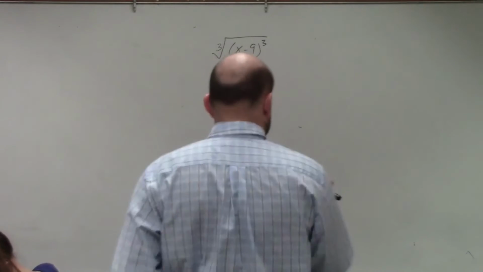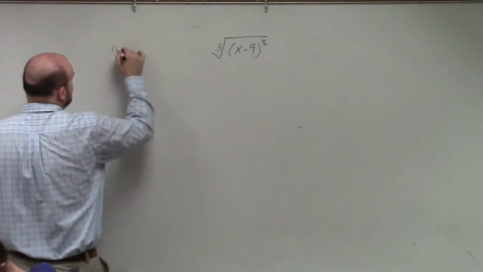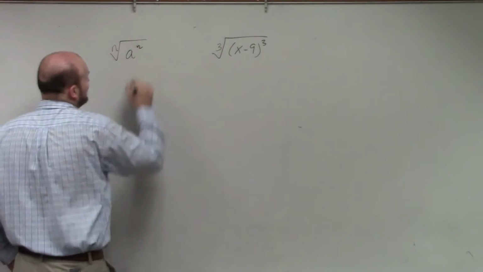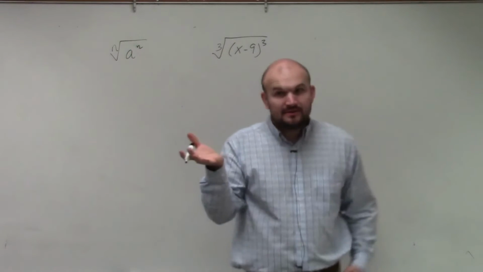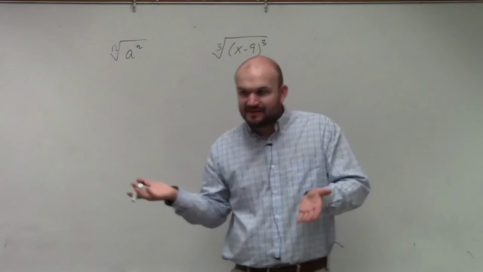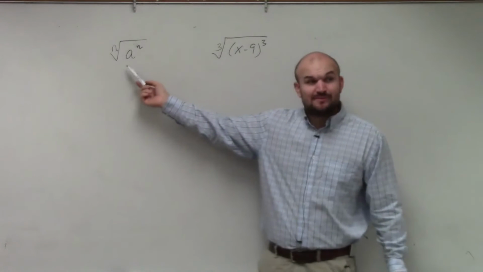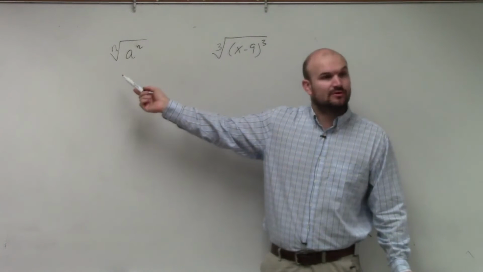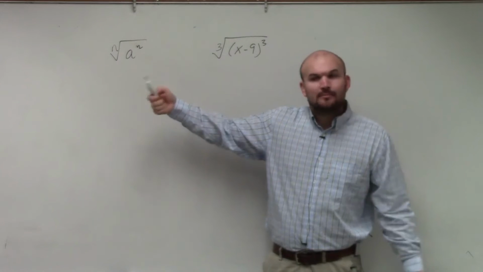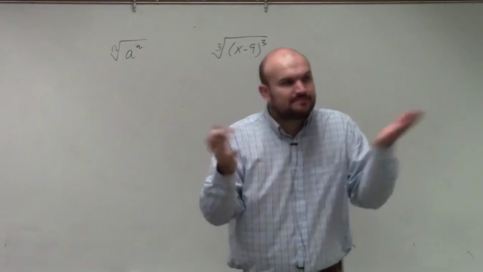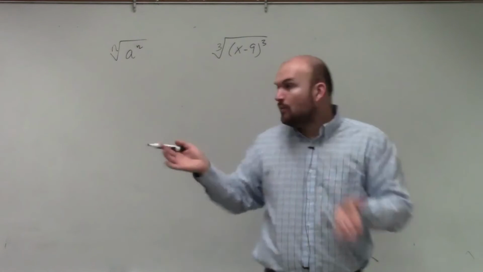Again, ladies and gentlemen, the identity element states if you have the nth root of a to the n, where a, remember, is the base. Now, we didn't talk about this. We only did problems where a was a number or a variable, correct? But a could also be an expression. It doesn't really matter what the base is.